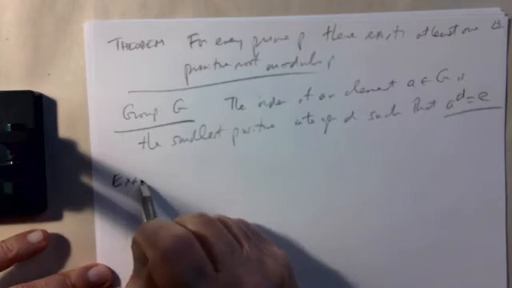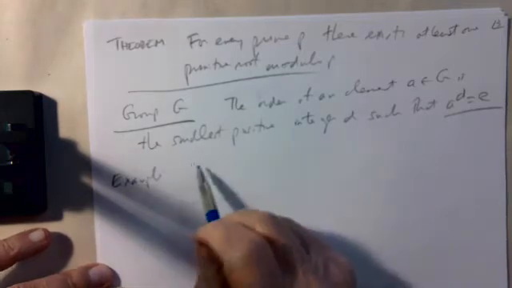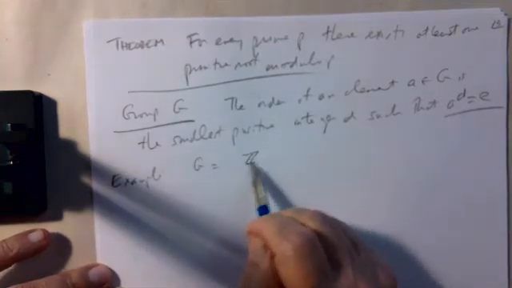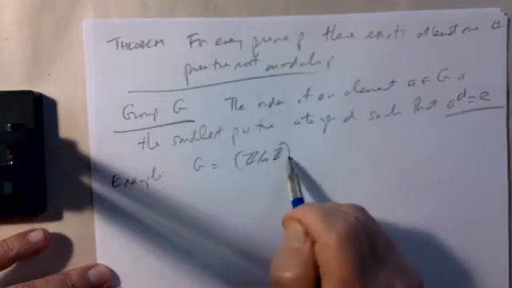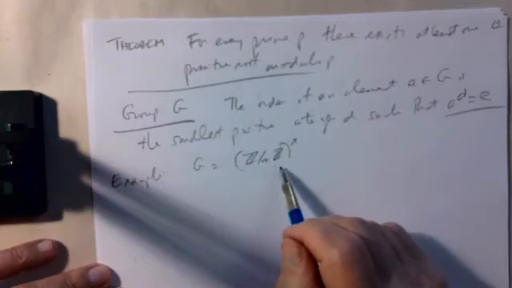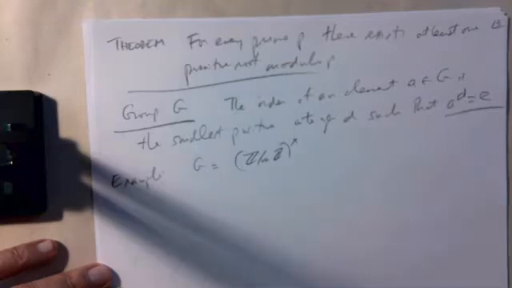Our fundamental example is if we take the group G to be the multiplicative group of congruence classes mod m that are relatively prime to m.